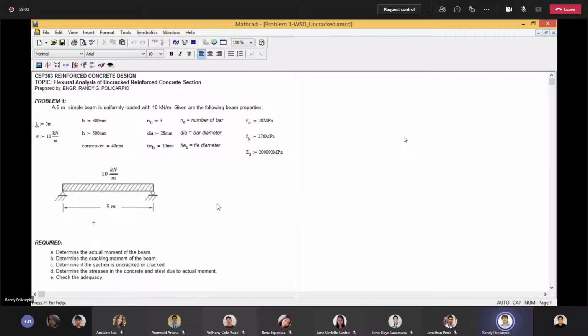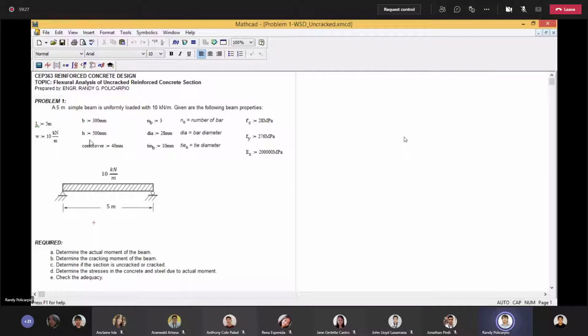Okay, so yung problem number 1 natin is all about uncracked reinforced concrete section. So, these are now the given. The length of the beam, 5 meters. The uniform load is 10 kilonewton per meter. The base of our section is 300 millimeters.